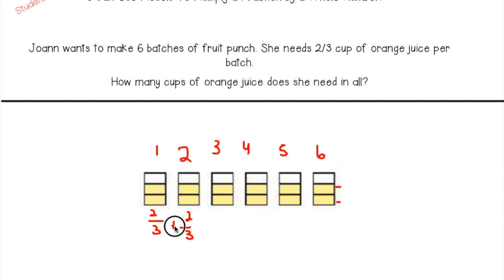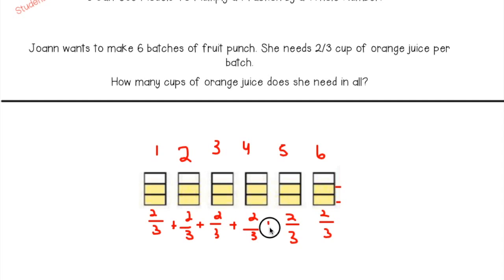So if I add each of these together, 2/3 plus 2/3, just going to keep writing 2/3 6 times. I have a common denominator of 3 in each of my fractions, so I can easily add all of these together. So remember, I leave my denominator alone.